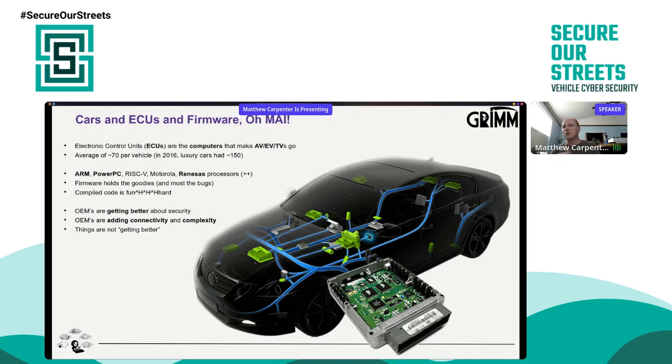They're engaging with security folk like myself to make sure that they're seeing what they're seeing. But they're also adding more complexity and more connectivity and more interactivity as we get into autonomous vehicles and electric vehicles. So we can't say that things are getting better. I'm not going to say that the world is ending. But please note, as they get better, the world is not necessarily getting better.